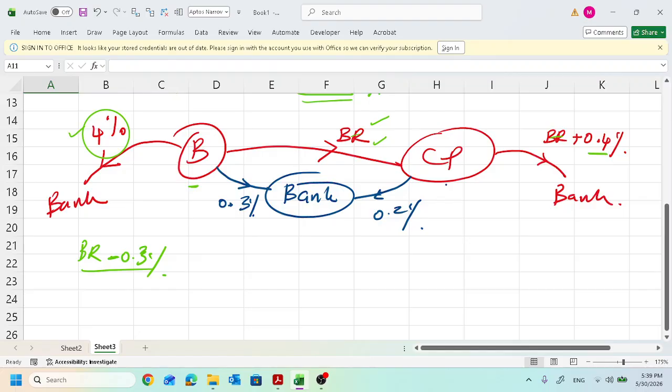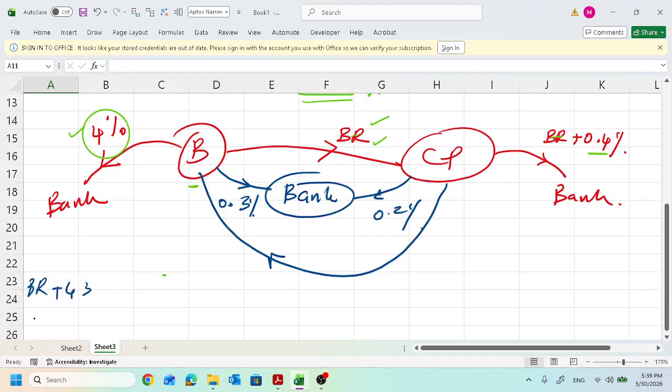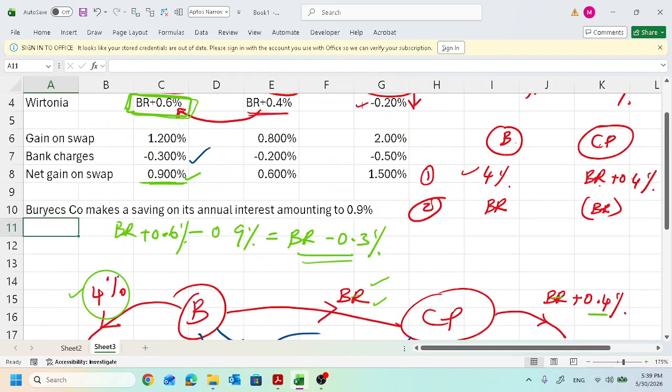Then counterparty to B company, how much they have to pay now? Look at the rates now once again. B company, BR 4.3 is there. Am I right? Currently they have BR plus 4.3. I want it to be BR minus 0.3 because that's how we got the answer. Here it must be BR minus 0.3.